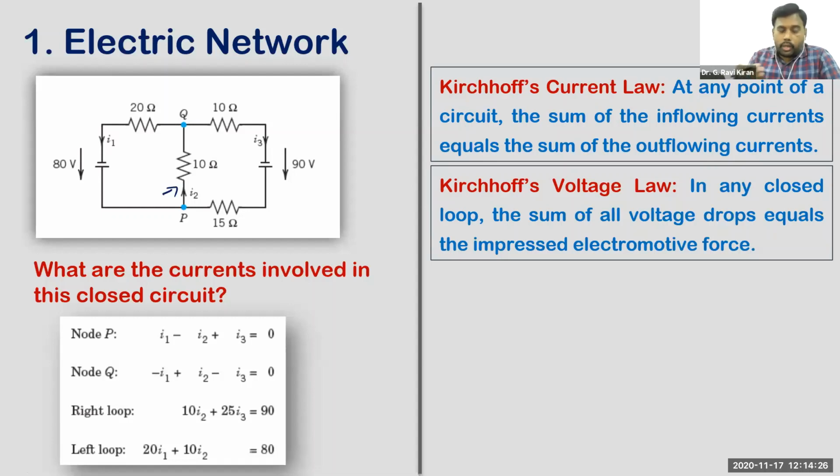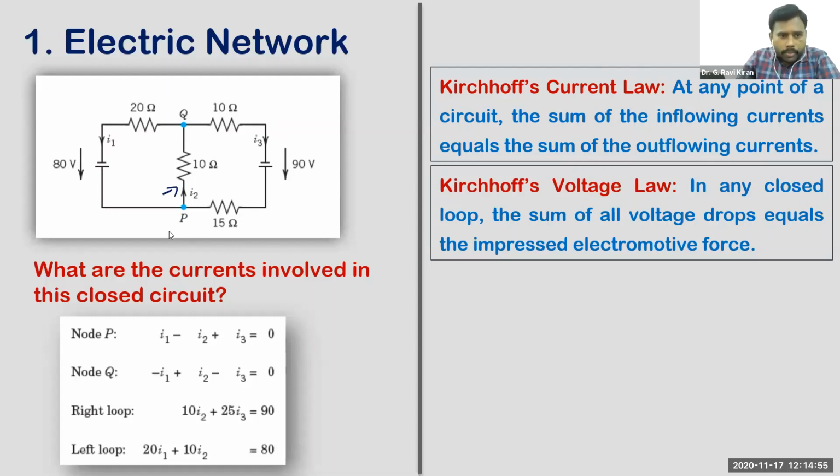And Kirchhoff's voltage law says in any closed loop, the sum of voltage drops is equal to the impressed electromotive force. If there is no electromotive force in the circuit, that net voltage drop will be equal to 0.